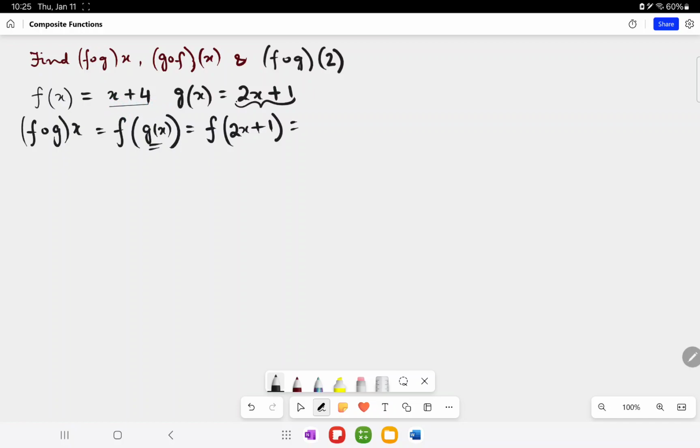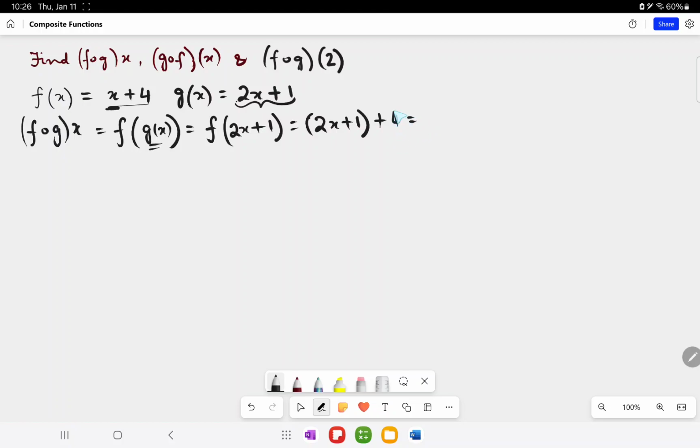So I'm going to replace the x in the f of x function with this entire expression 2x plus 1, and then plus 4, don't forget this, the remaining part of the f of x function, plus 4.